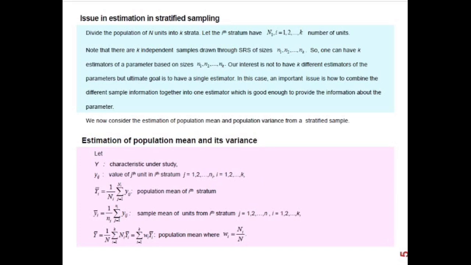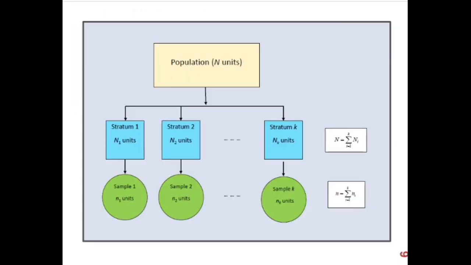Let us see. The total population units we denote with capital N, and we can divide them into stratum 1, stratum 2, up to stratum K. From stratum 1, we are drawing a sample of size n1 units.